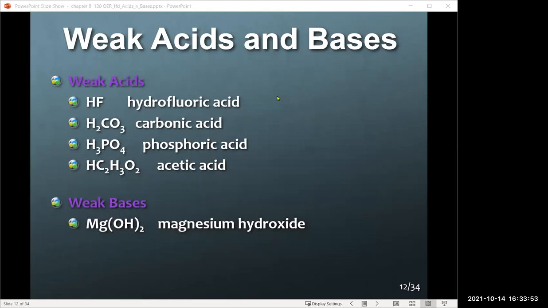Notice that when these dissociate, though weakly, these are the respective ions: a proton plus fluoride; the next one has 2 protons plus the carbonate ion; this one has 3 protons plus the phosphate ion; and this one has 1 proton plus the acetate.